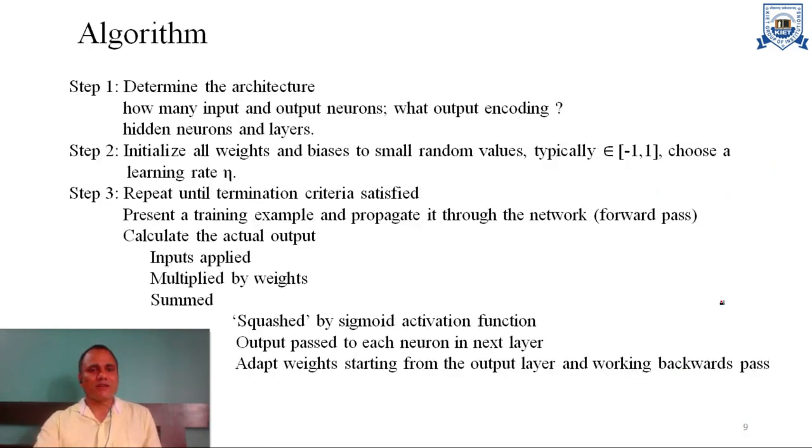In the last part, we have the back propagation algorithm, which divides into a set of steps. In the first step, we need to determine the architecture. What would be the input layer? How many inputs will there be? How many outputs? What would be the set of hidden layers, and what would be the associated weights and biases?